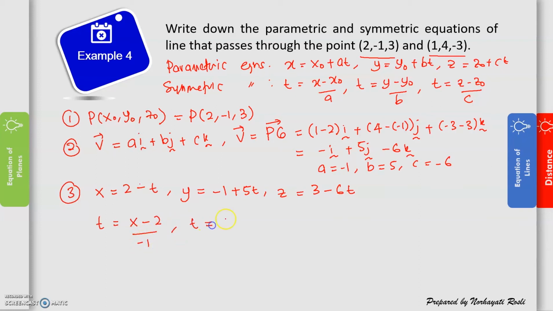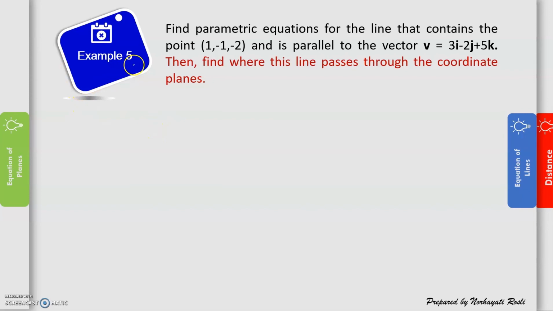And then t equal to y minus y naught, where y naught is negative 1, so y plus 1 divided by 5, which is our b. And then t equal to z minus z naught, where z naught is 3, so z minus 3 divided by negative 6.